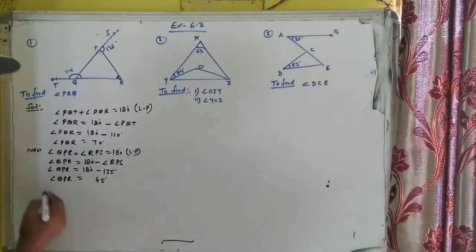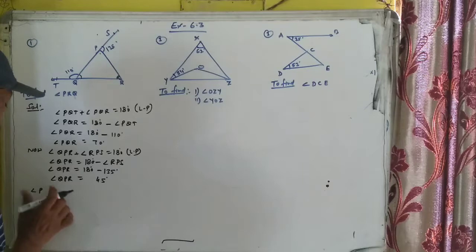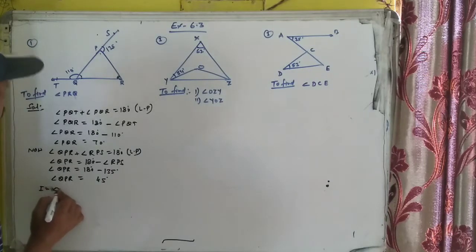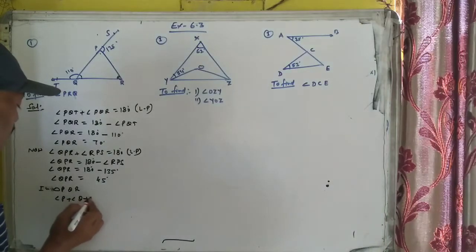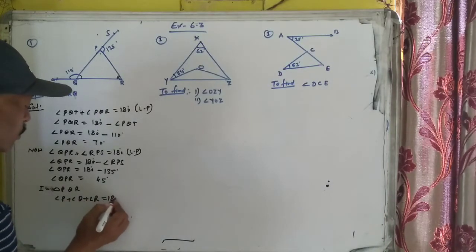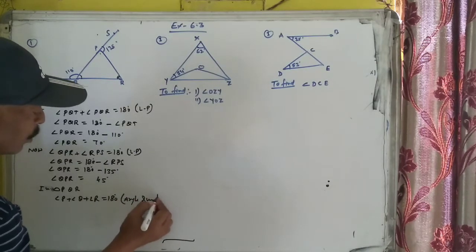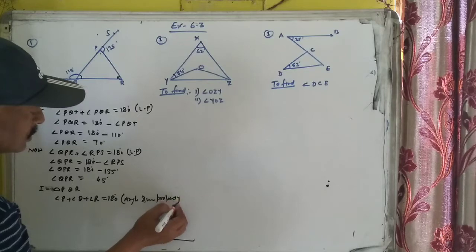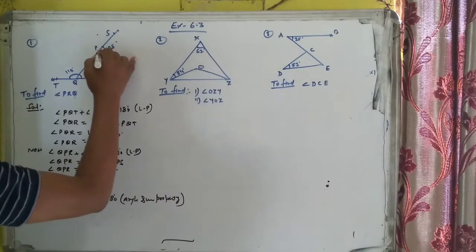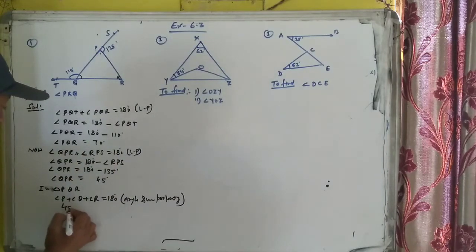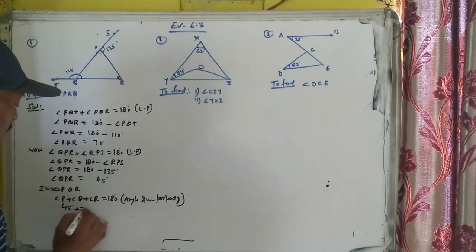Now by the angle sum property, in triangle PQR, angle P plus Q plus R equal to 180. Angle sum property. Okay, the value of P, means this angle, is 45. And Q, means this one, is 70 degree.